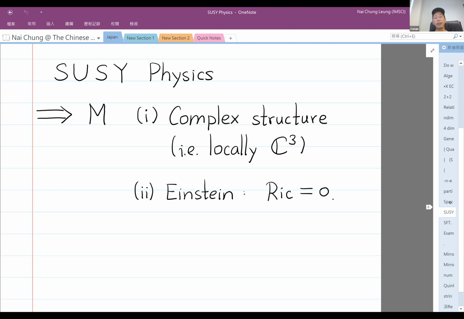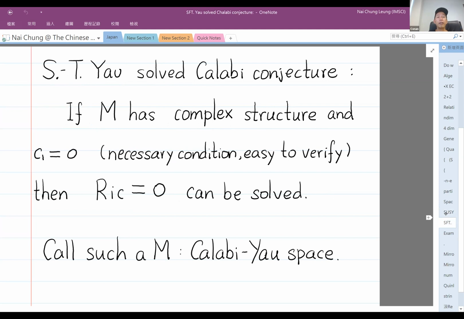So you may ask, do we have such a space? It's a very mathematical question. Can you find all these internal manifolds, complex spaces, which have a natural complex structure and a compatible metric, which is also Einstein? In fact, that was solved in the 70s by S.T. Yau.